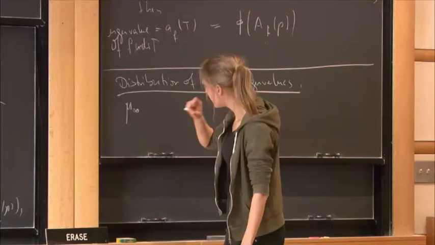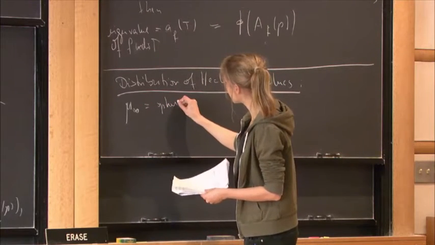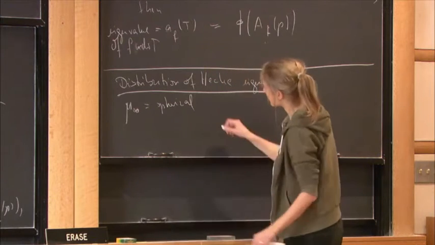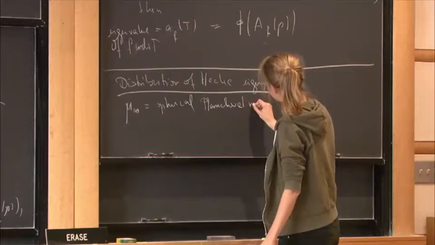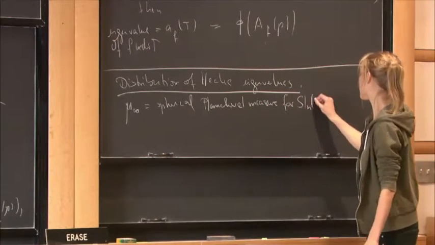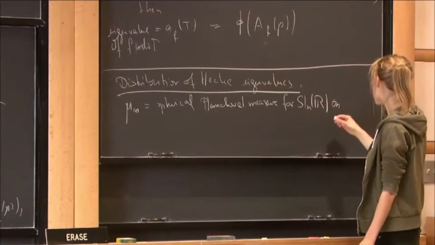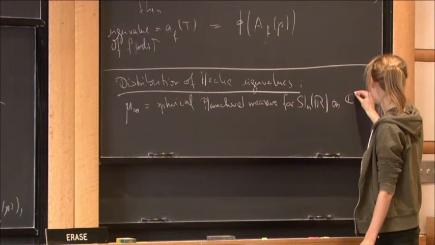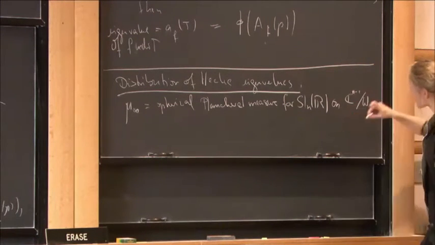Denote by mu_infinity the spherical Plancherel measure for SL_n(R). And this lives on the space C^(n-1) mod W, which I introduced earlier.